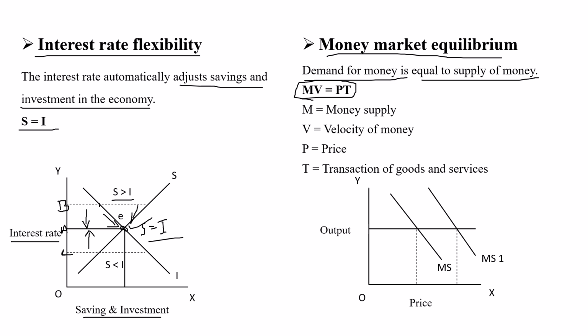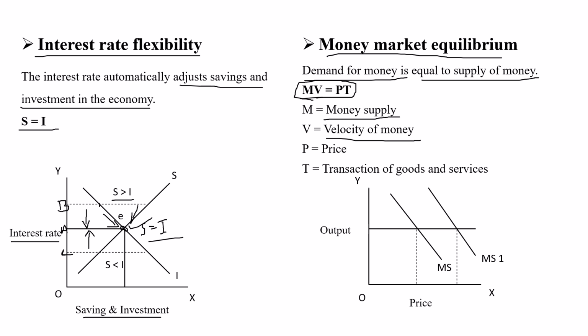M presents the money supply. V presents the velocity of money. What is velocity of money? It means how many times a unit of money circulates from one person to another person.